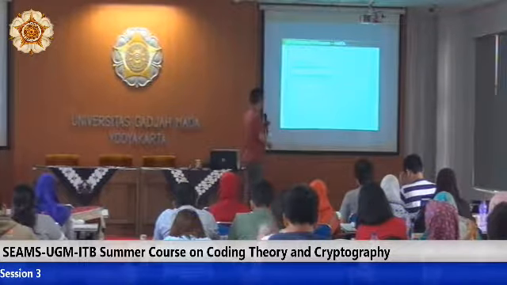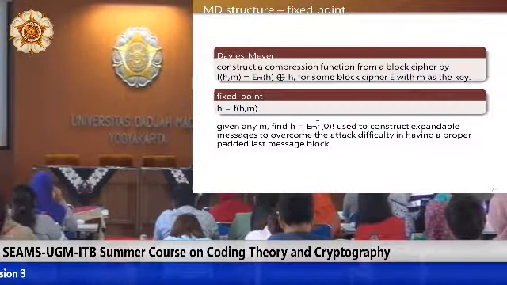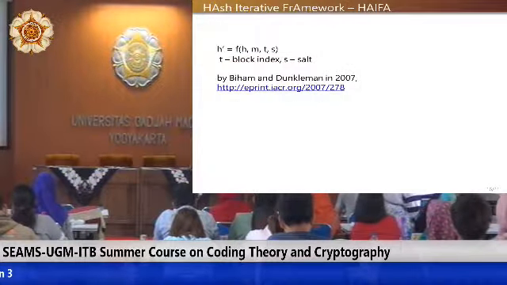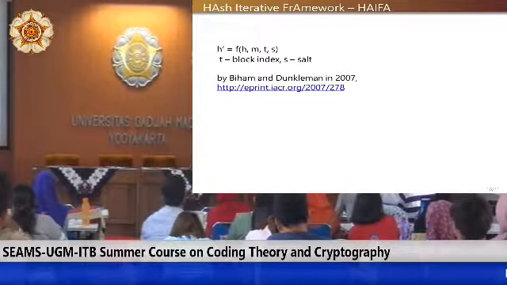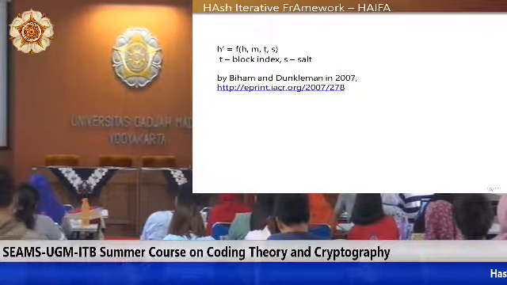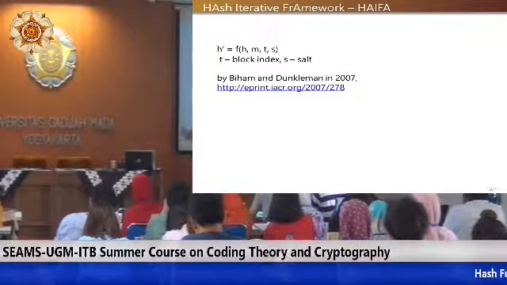So instead of having 2 inputs, it has 4 inputs. One is the block index, another is the salt. The block index keeps records of the position of the message. So when it is the first block, T is 1. When it's the second block, T is 2, etc.